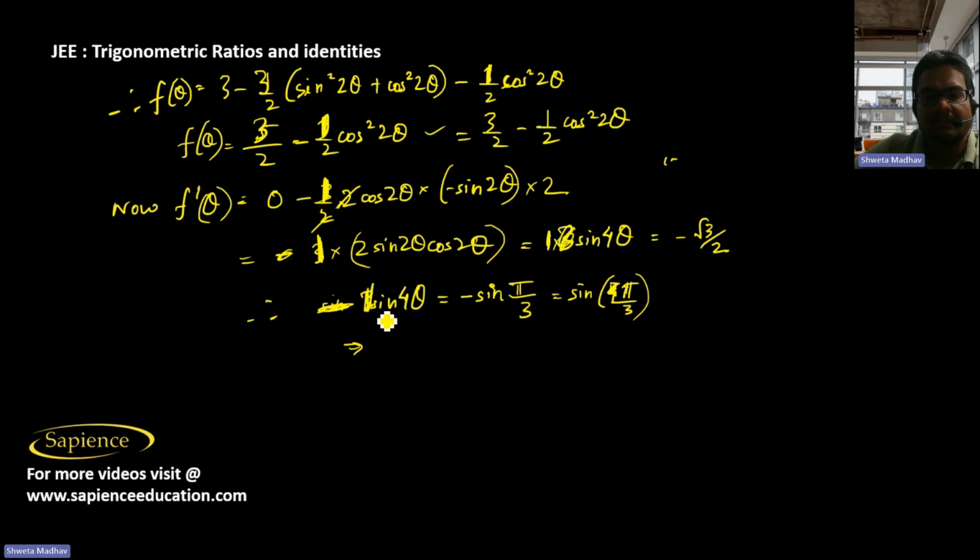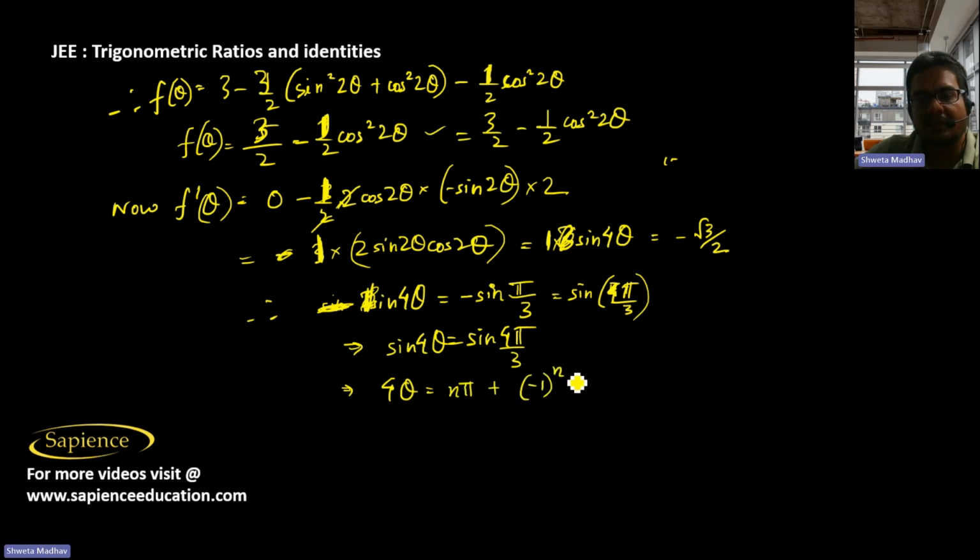So sine 4 theta should be sine 4 pi by 3. Therefore we can write the general solution. So 4 theta equals n pi plus minus 1 whole power n into 4 pi by 3.